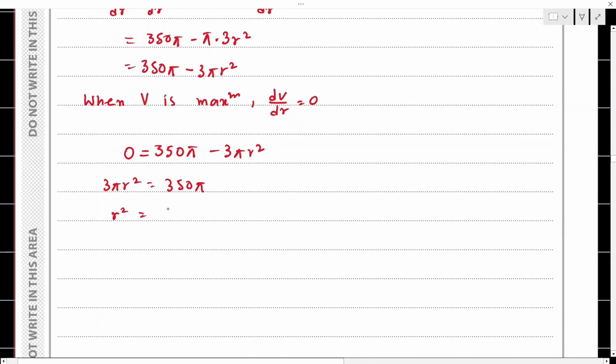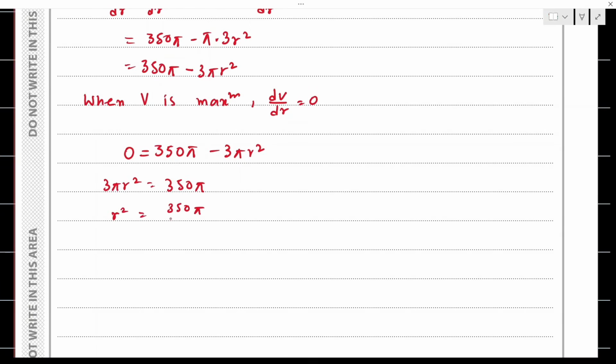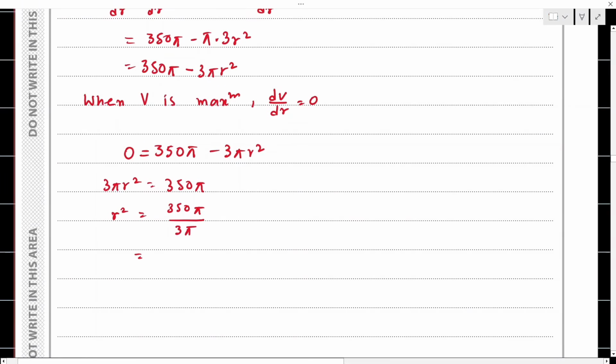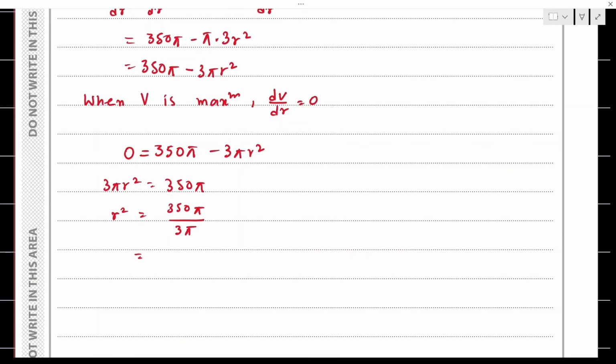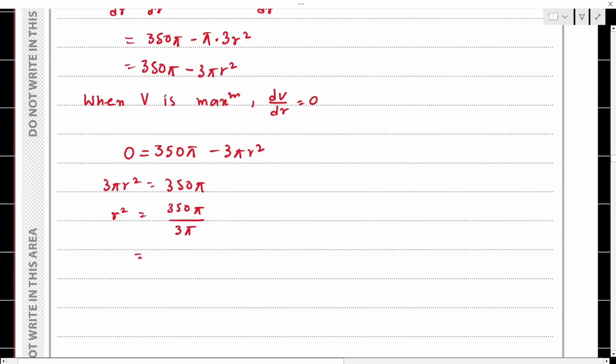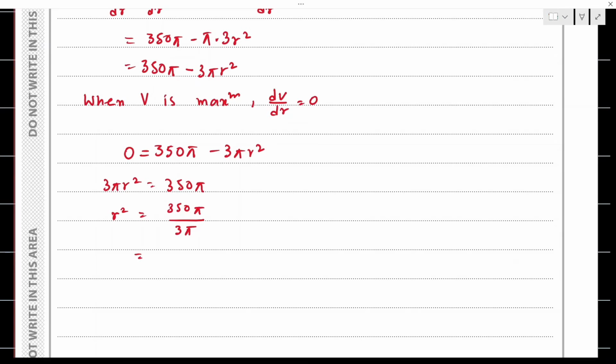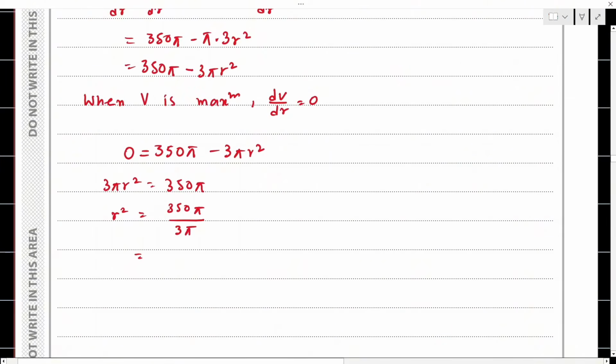Then I can write 3r square is equal to 350 pi divided by 3 pi. This can be simplified. Now r will be equal to root over 350 divided by 3.